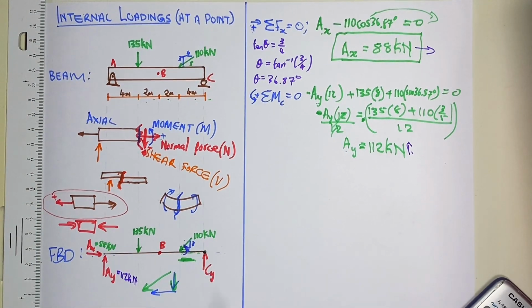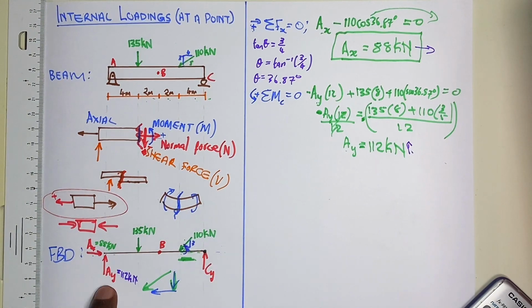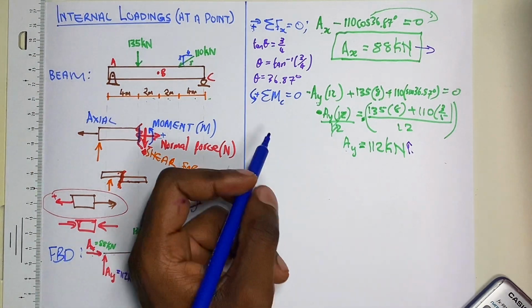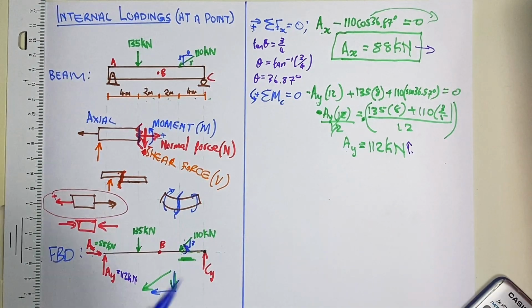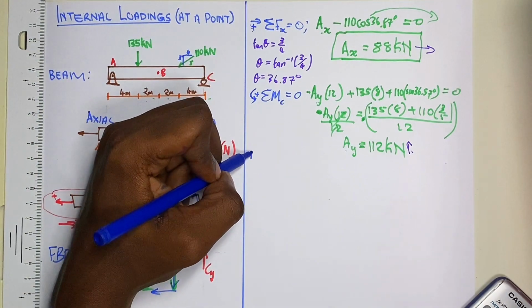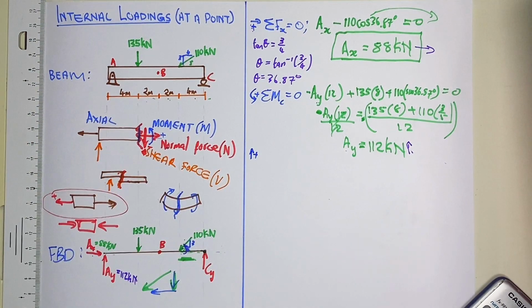Now what about CY? I now have only one unknown in the Y, so I can now use my forces that are acting in the Y axis. So firstly, as always, I must do the sign convention. I'm going to say up is my positive.